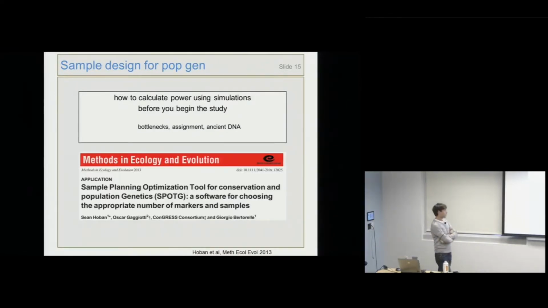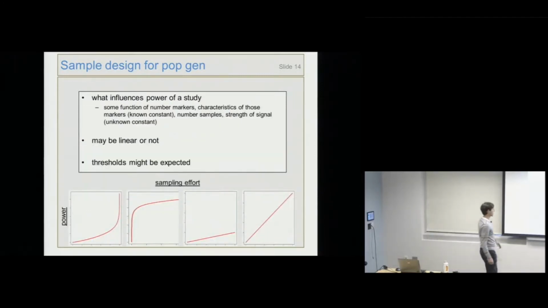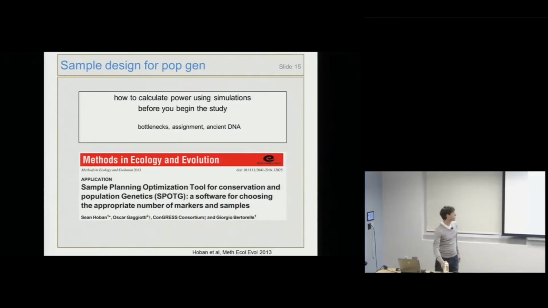So ideally, you could create something like this before you do a study. Ideally, it would be nice to know what that relationship is between power and your sampling effort. So my main project during my first postdoc was to develop some software that would do just that, to allow you to calculate the power before you embark on a study.